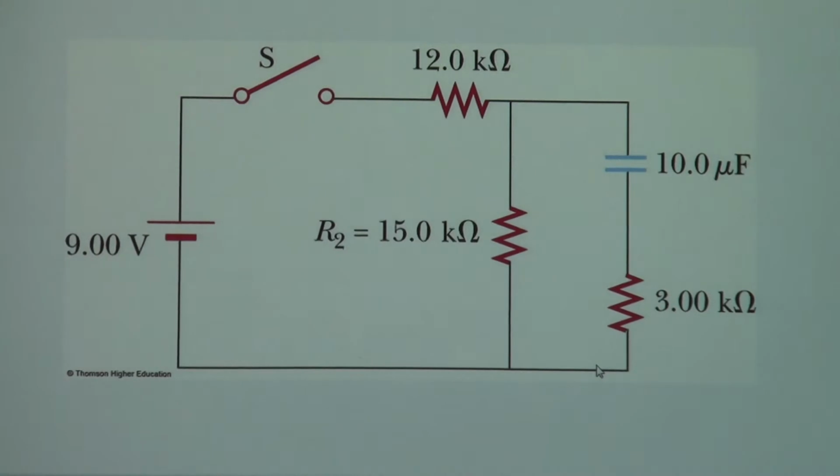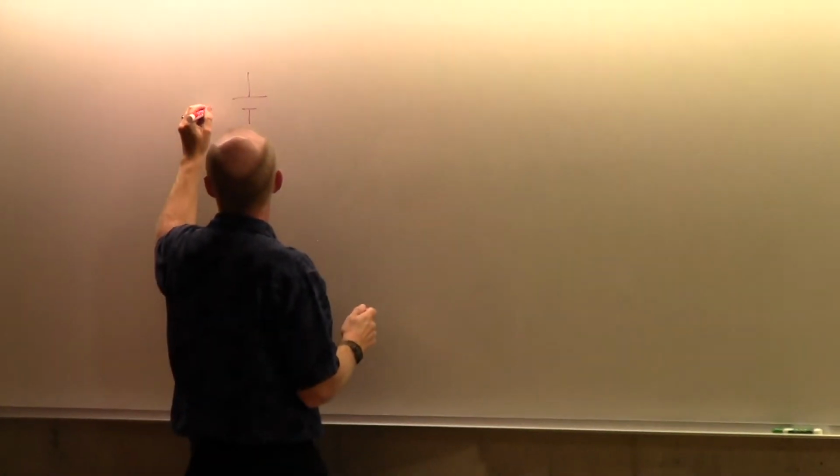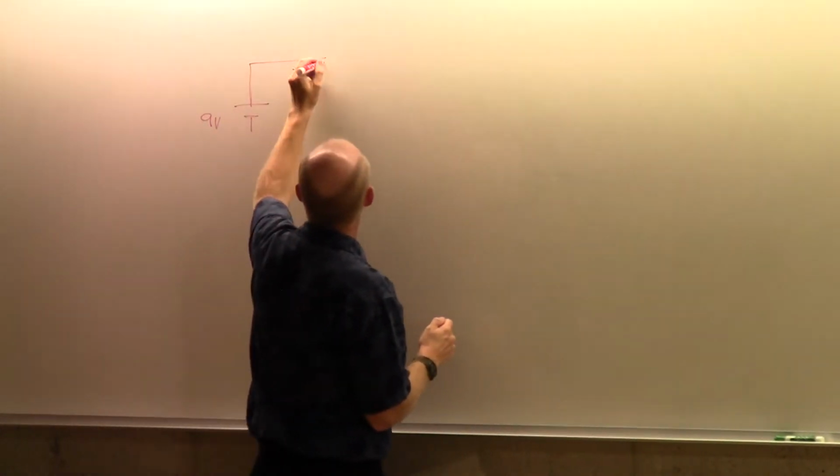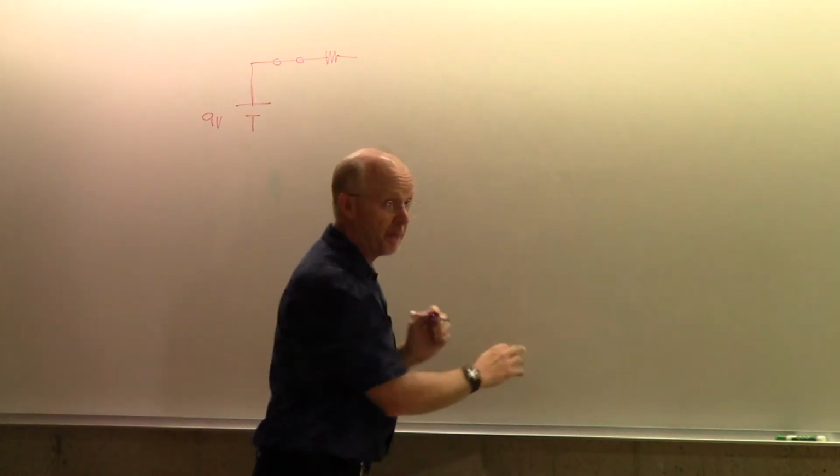In fact, why don't I draw a little nicer picture with the switch closed and continue that conversation that we got started with here. So here is the 9-volt battery with the switch in the closed position.